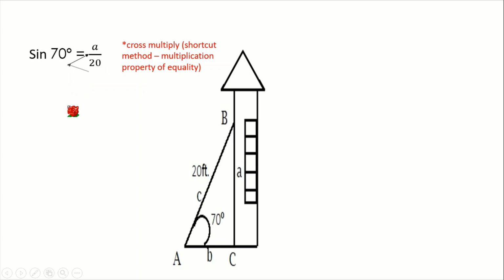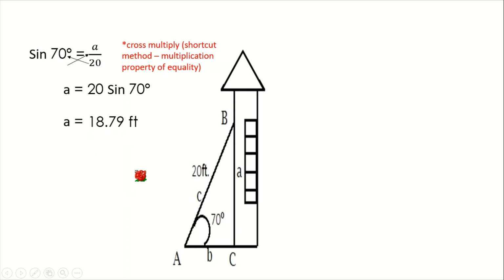When we cross multiply, it is understood that there is a denominator of 1. So we have A equal to 20 times sine 70 degrees. To simplify 20 times sine 70 degrees, that will give us 18.79. Therefore, the height of our ladder is 18.79.